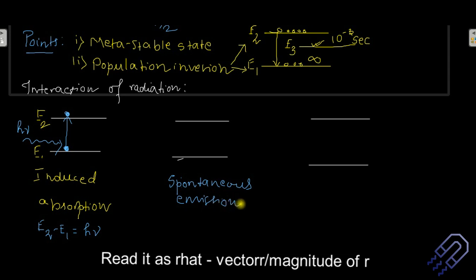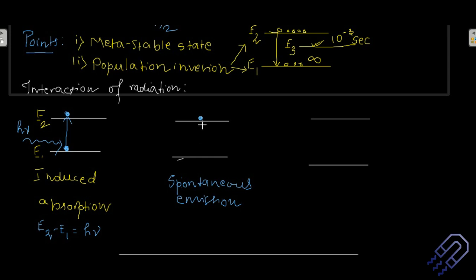Let's say somehow I am able to excite an atom into the upper energy level, and it can't stay there forever because I said that the lifetime on the upper energy level may be 10 to the power minus 8 second. Eventually it is going to come down to the ground state, and as it comes down to the ground state, because of the energy difference between the excited state and the ground state, it is going to emit some radiation which will be equivalent to h nu, equal to the energy difference between E2 and E1. So this is happening on its own, and we call it spontaneous emission.